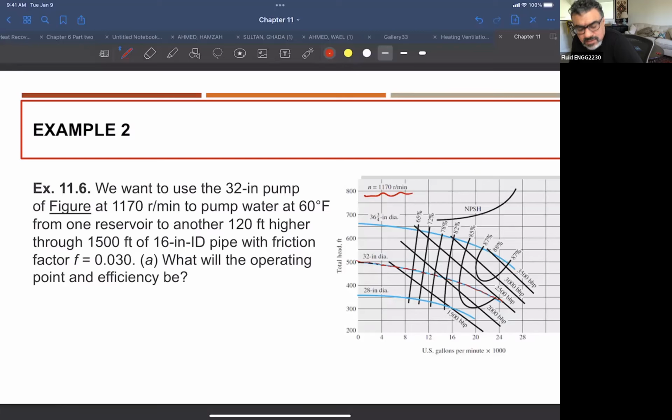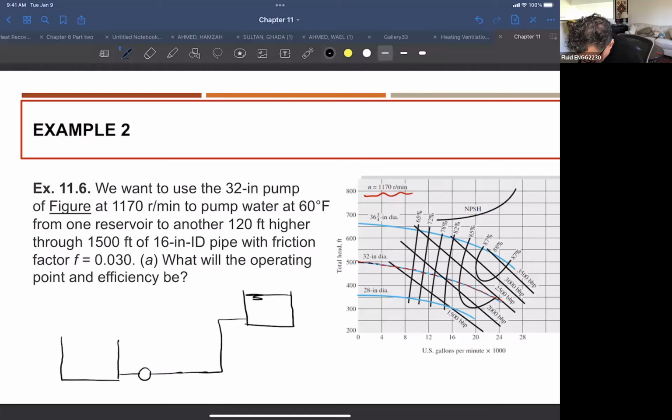So I have a simple system here, and this pump is driving the fluid into another tank.